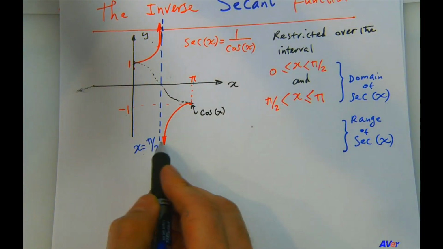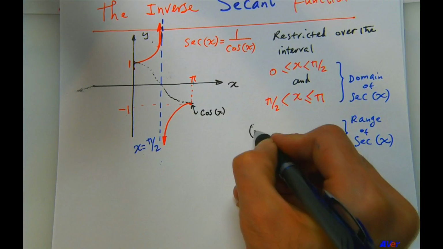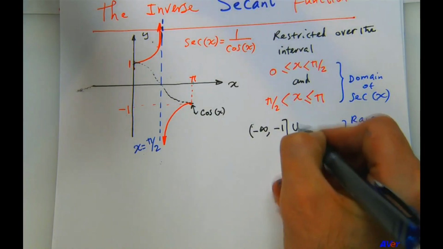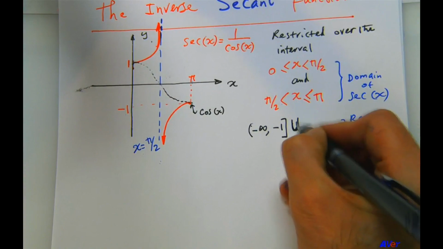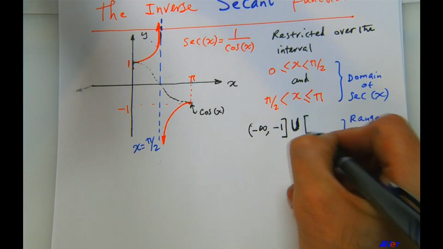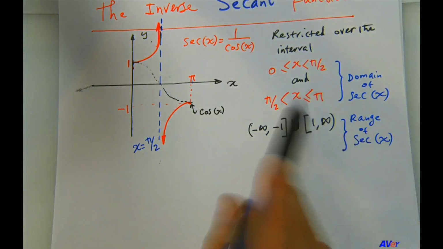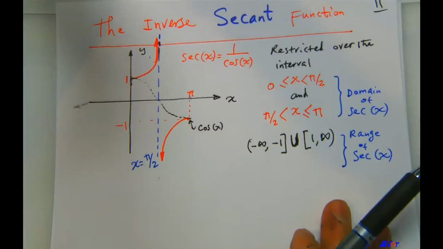I'm going to start from the smaller values. So I'm going to say negative infinity to negative 1 bracket union 1 to positive infinity. That's the restricted range for the restricted secant function.